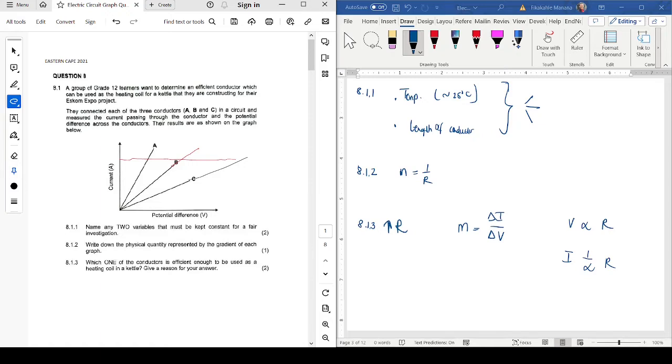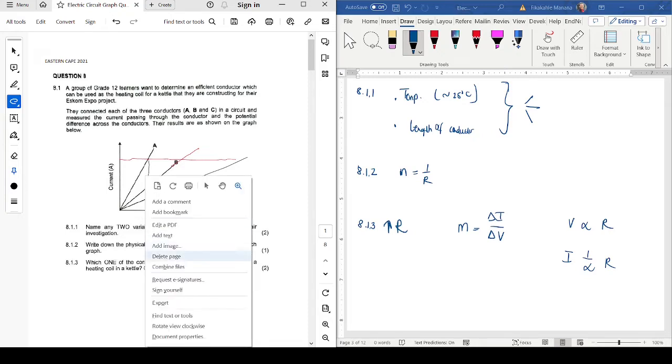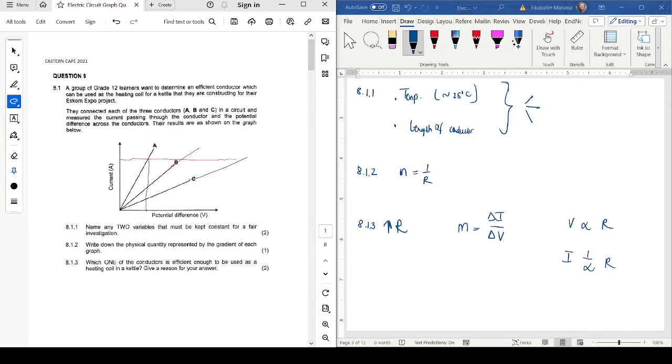So for A, we can see that the potential difference is quite low. The lower the potential difference, the lower the resistance. If I go to B, still it's lower, but now when I come to C, let me just extend that again.